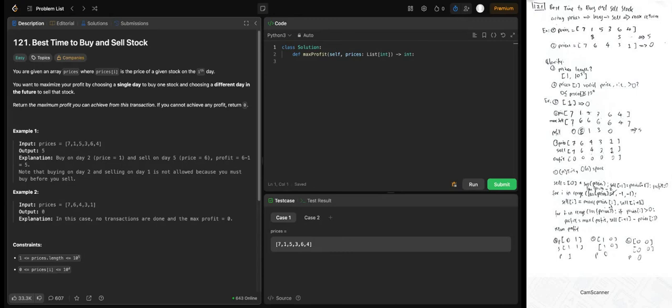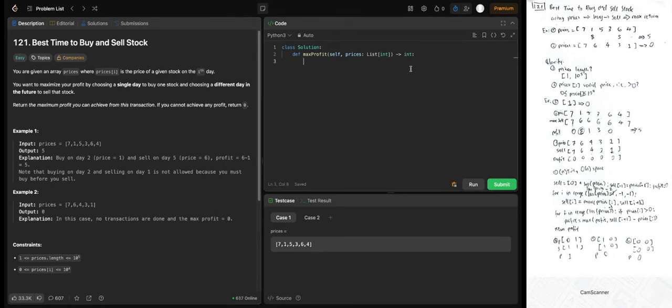How about we have 1, 0, so the sell would be 0, 1, then the profit would be 0. How about we have 0, 0? In this case, the sell also will be 0, 0, and profit would be 0. Okay, so I think I'm pretty confident that this will work.